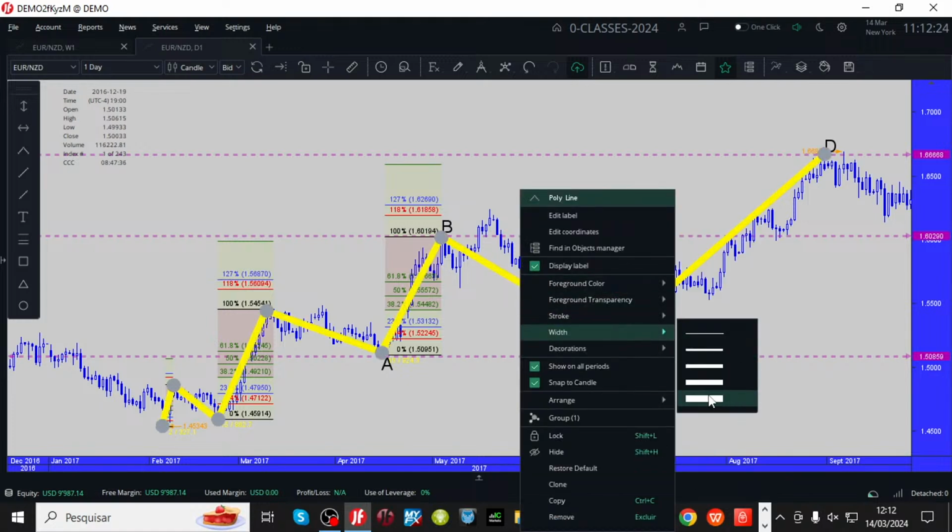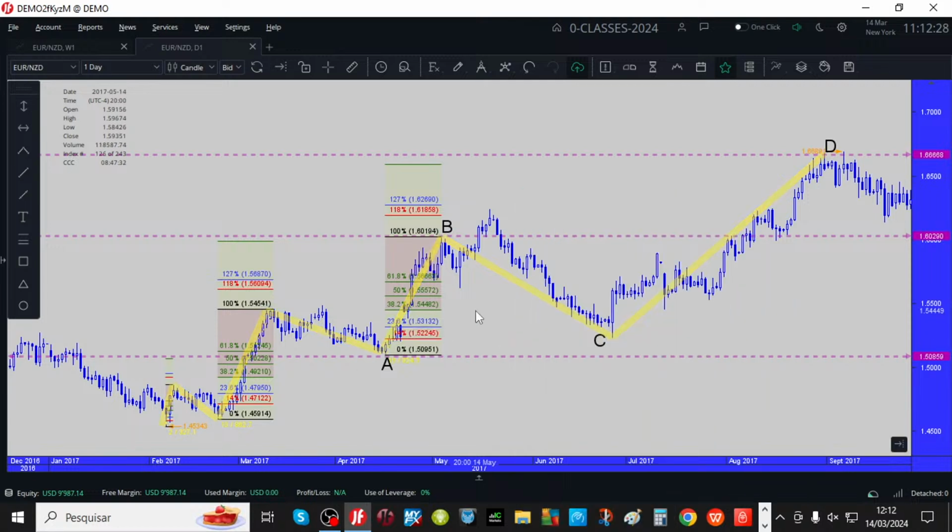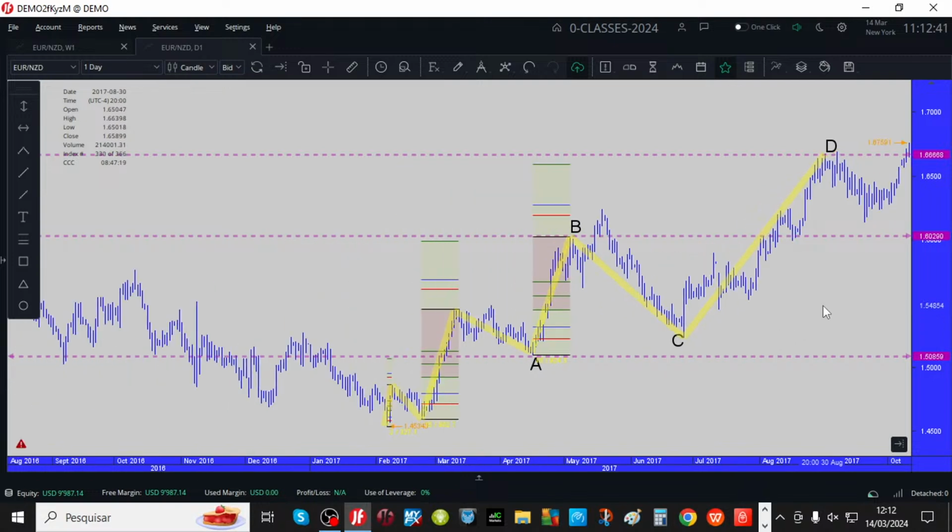If this messes up the visual, you can clean the previous Fibonacci's. Or if you prefer to have the sequence, the ABCD on the chart, you can connect the ABCDs, all right? There is no right or wrong.